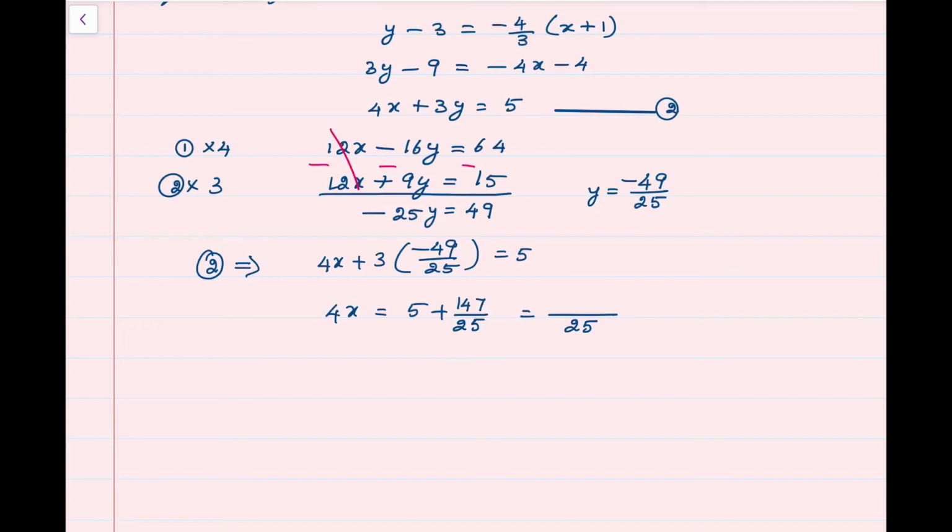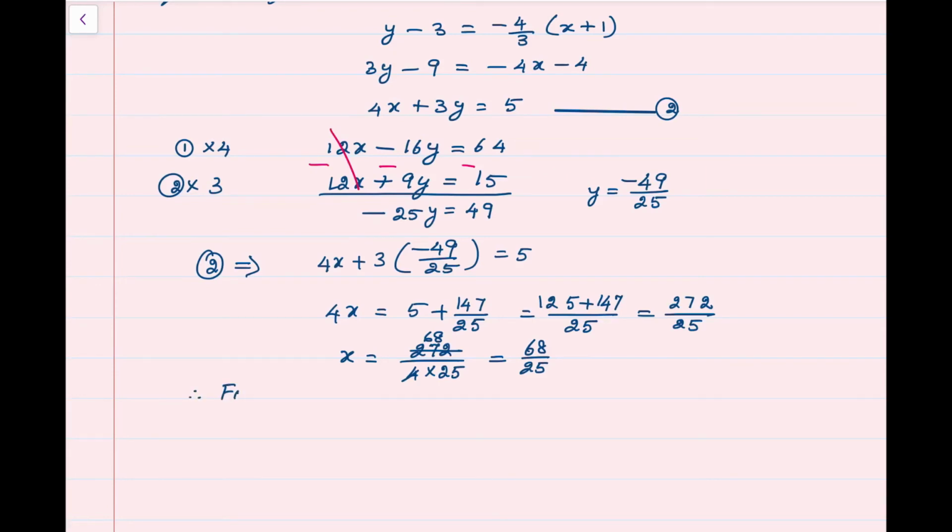LCM is 25. 125 plus 147, 272 over 25. Therefore, x is 272 divided by 4 times 25. We get 68 divided by 25. This is the x coordinate of that Q point.